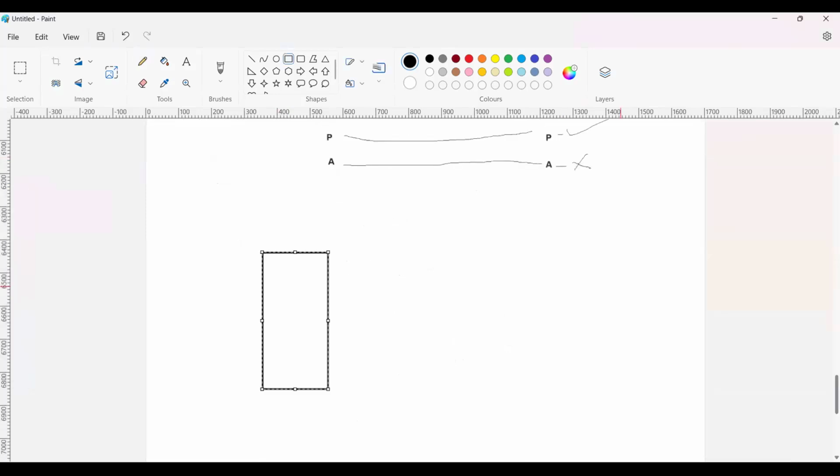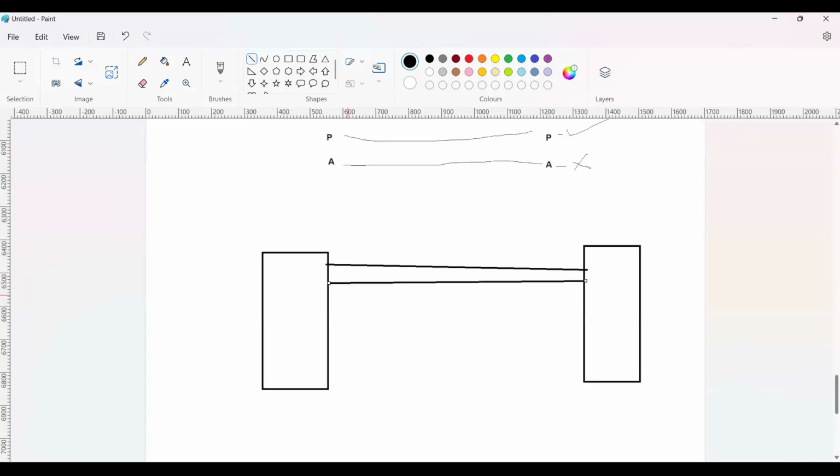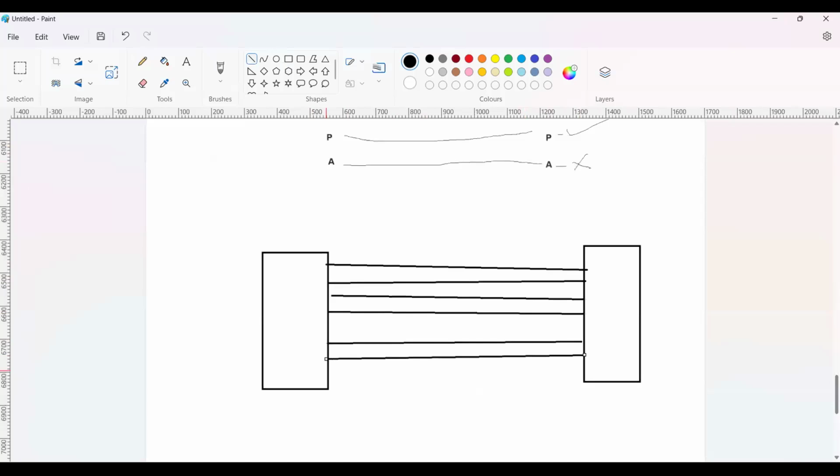This is one switch and this is another switch. This switch is connected with multiple physical links. So basically, with the help of port channel, we are combining multiple physical links into one logical link.